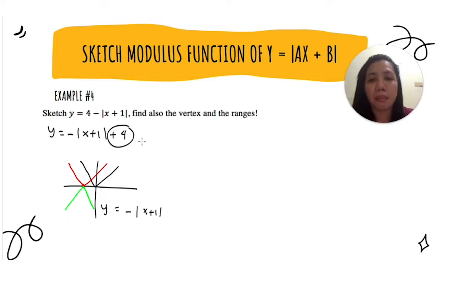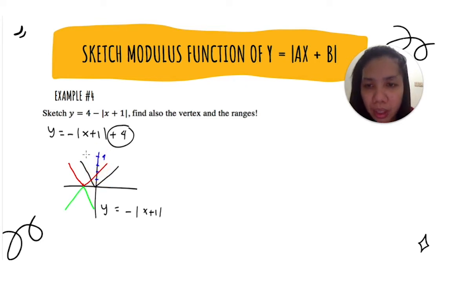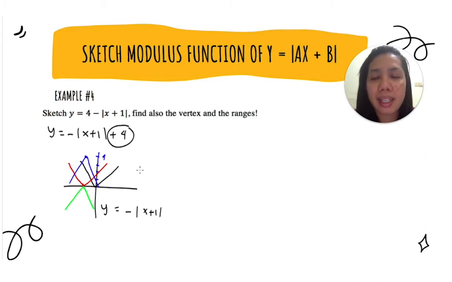Let's do this in blue. This is 1, this is 2, this is 3, and this is 4. So the vertex will be right here, and then I'll redraw. This blue one is y equals minus the absolute of x plus 1, plus 4. This is the graph that we are looking for.